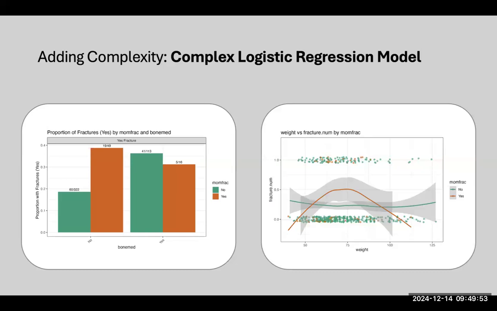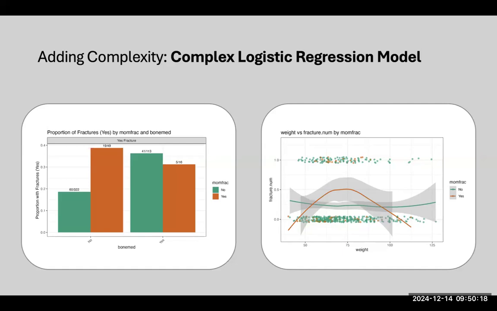And then here, it looks like there's a difference in trends between the categories of MOM-FRAC for weight. And what I also saw was that there's a potential curved trend among weight in women whose moms have a history of fracture.